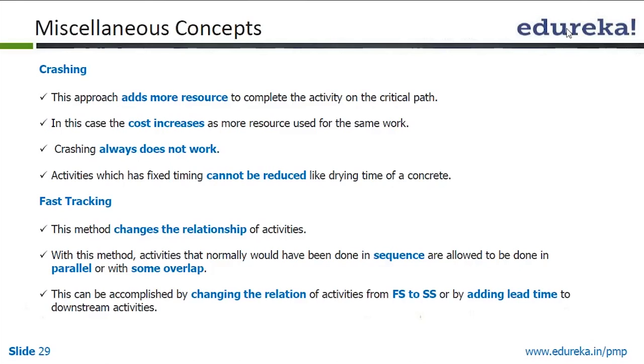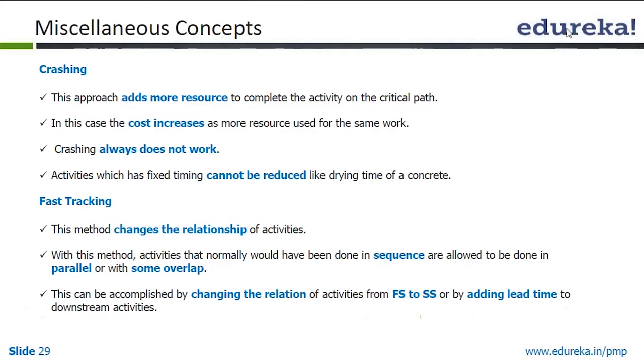Now what do we mean by crashing? In crashing, we add more resources to complete an activity. Suppose we have 3 resources working on a project, if possible we will add 2 more, making 5 resources, to complete all the tasks faster. Here we are increasing cost.